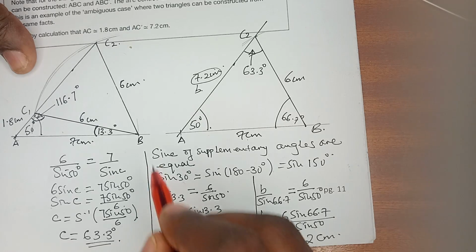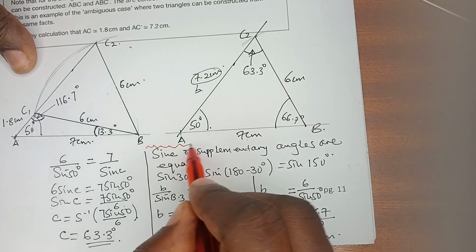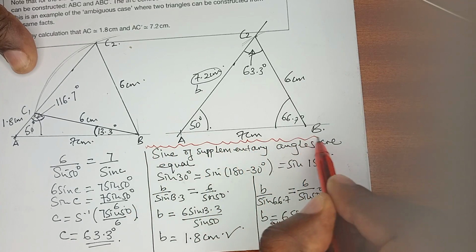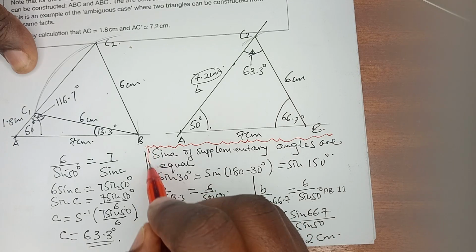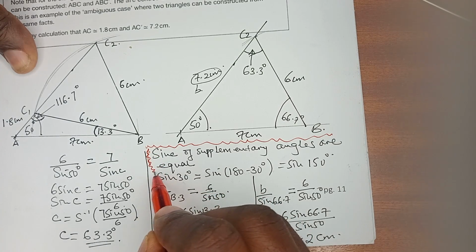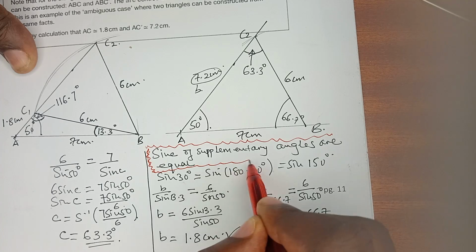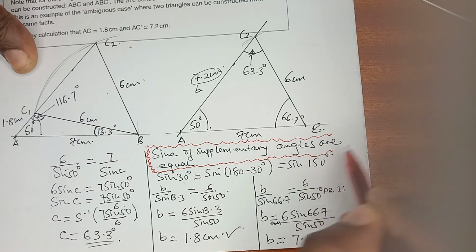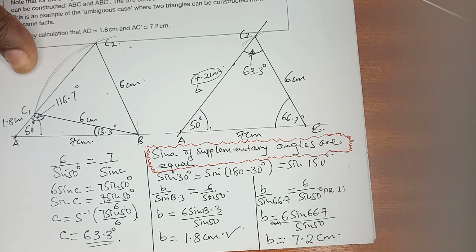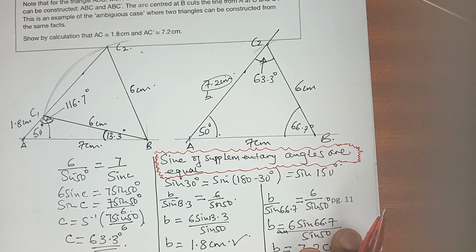This is the most important point today. The sine of supplementary angles are equal. This is what we are talking about today. And I've given an example. The sine of 30 is equal to the sine of 180 minus 30, which is 150. The sine of 40 is equal to the sine of 140. Try that using the calculator, and then you will know that.